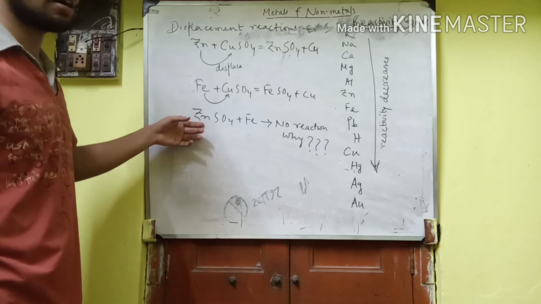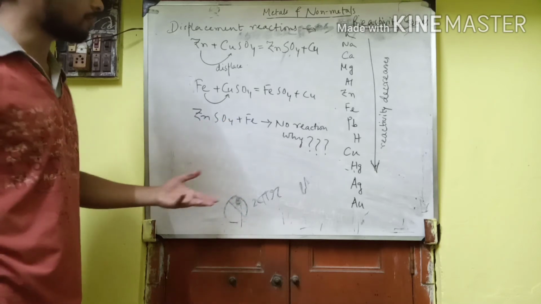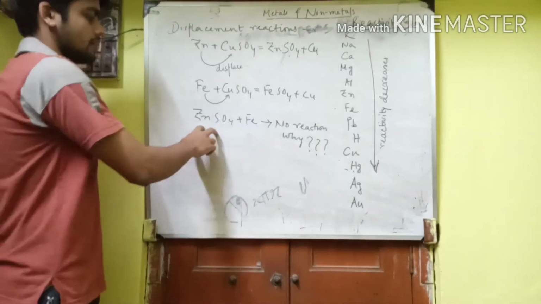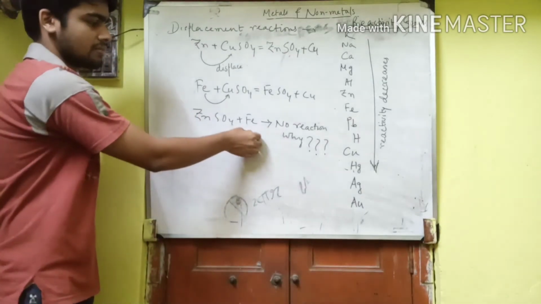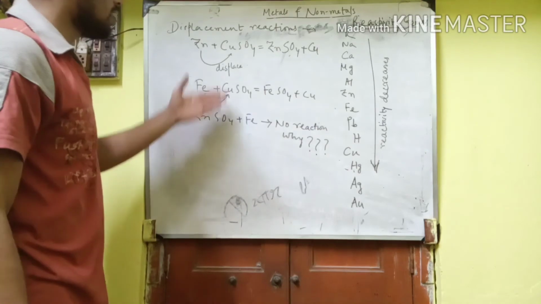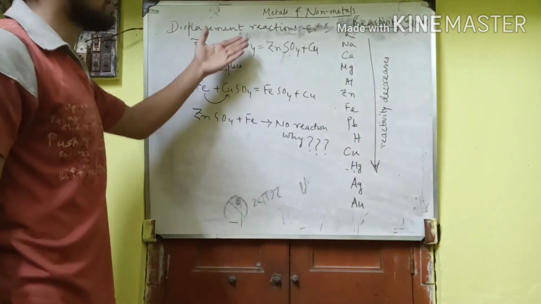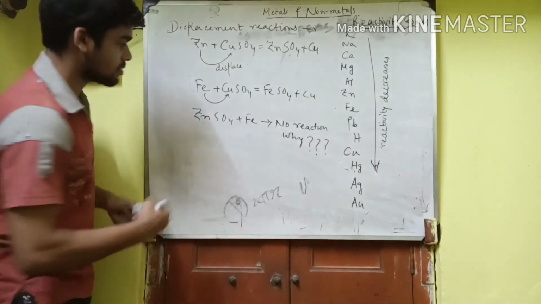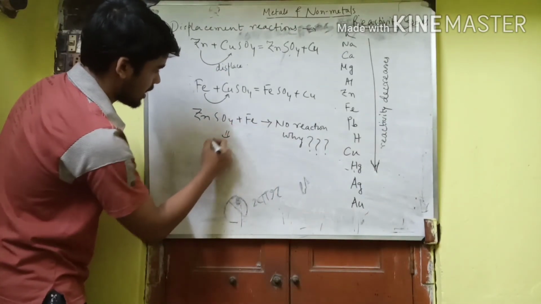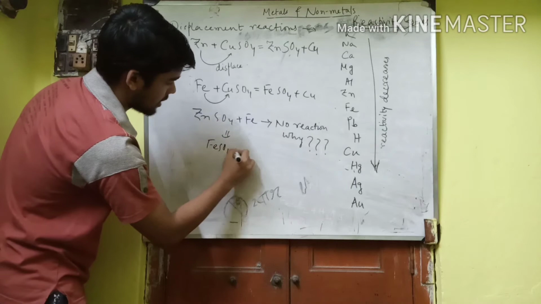Zinc is a metal and iron is also a metal, and this is a salt of zinc. So according to this, the product becomes FeSO4 plus Zn.